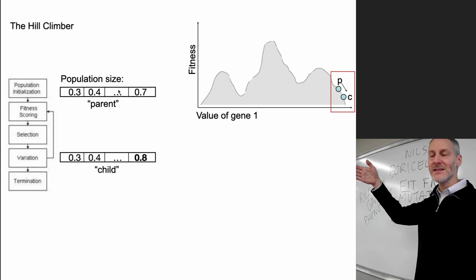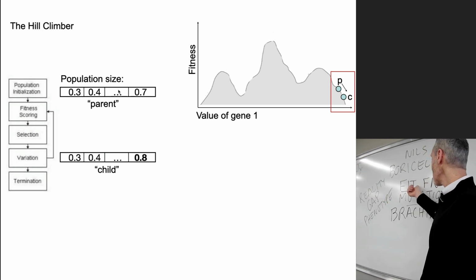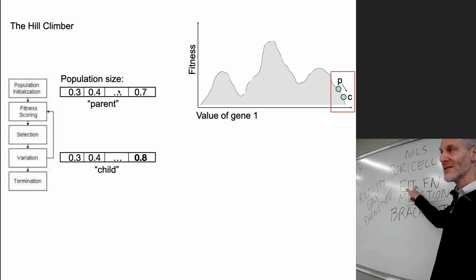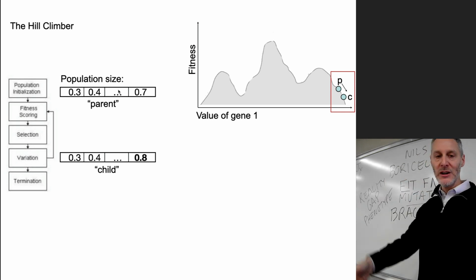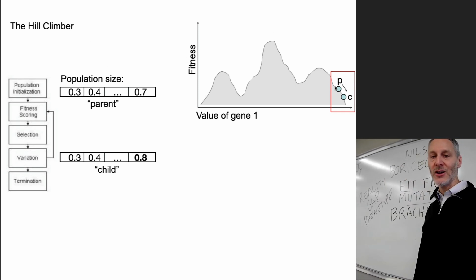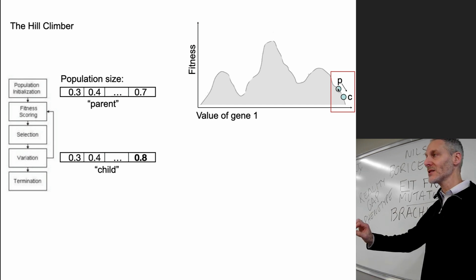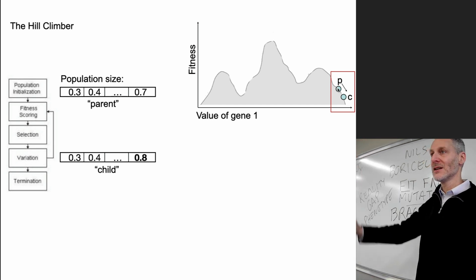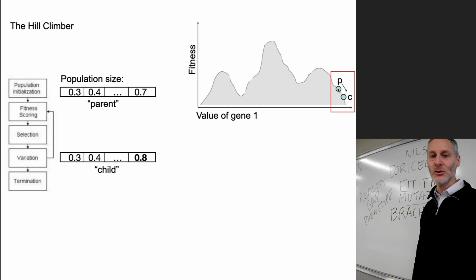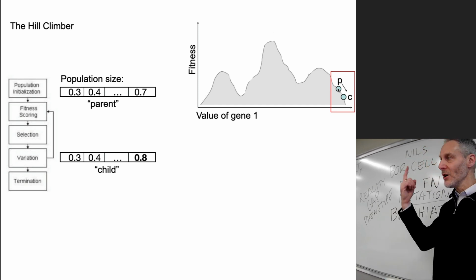We take this candidate solution and we pass it, or the hill climber passes it, through the fitness function, and the fitness function gives back a fitness value for the parent, which tells us how high to place that point in the fitness landscape. Let's assume it lands there. Okay, we have one parent, we know its fitness.